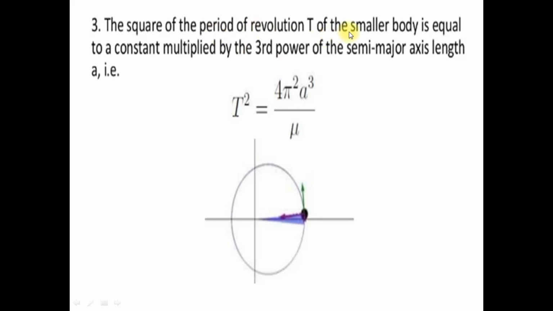The semi-major axis is nothing but half of the major axis length. If the total axis length is 2a, then the semi-major axis will be a. So T square is directly proportional to a cube, or T square is equal to 4 pi square a cube divided by mu.